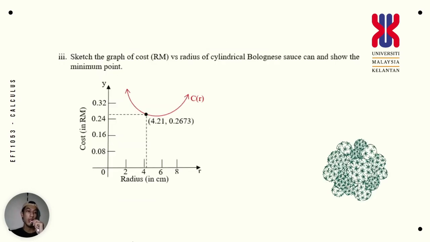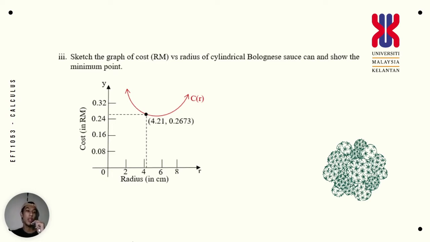So for the third question, we need to sketch the graph of cost in RM versus radius of cylindrical brownie sauce can and show the minimum point.